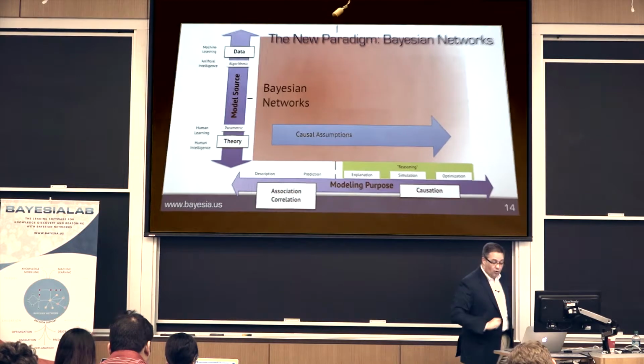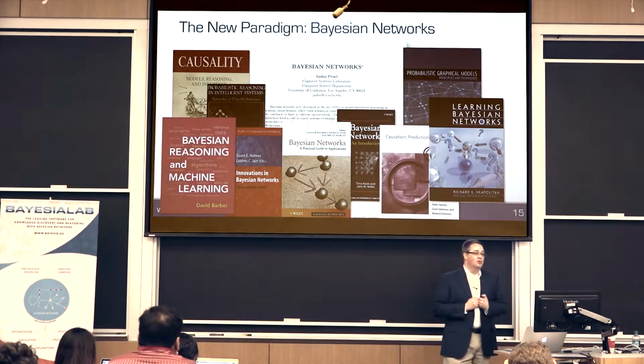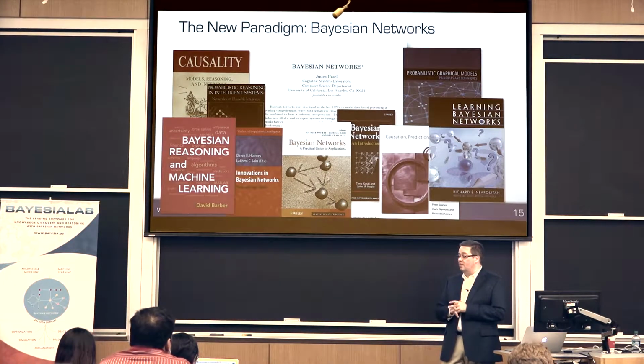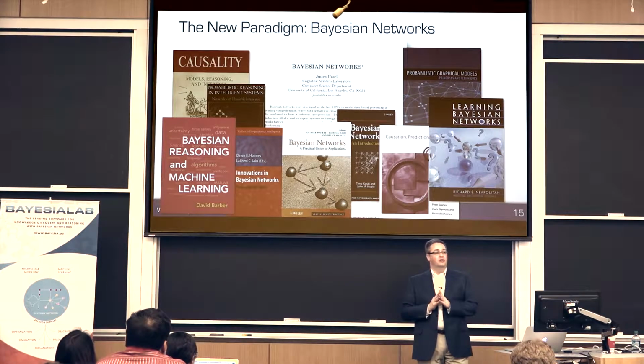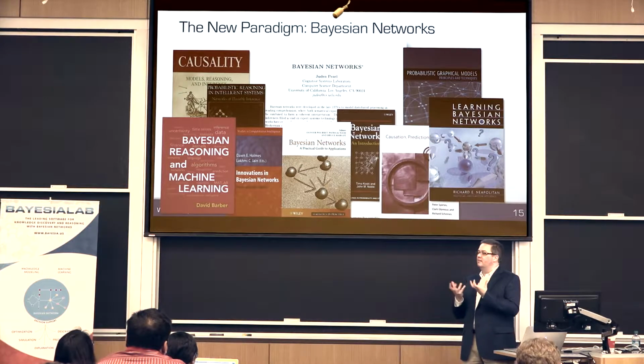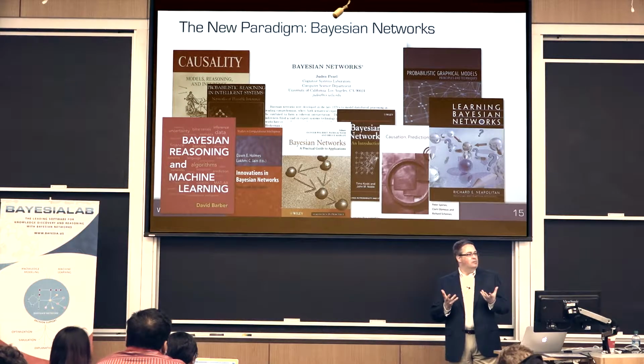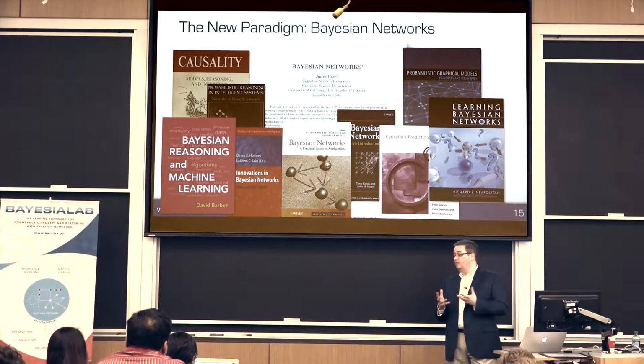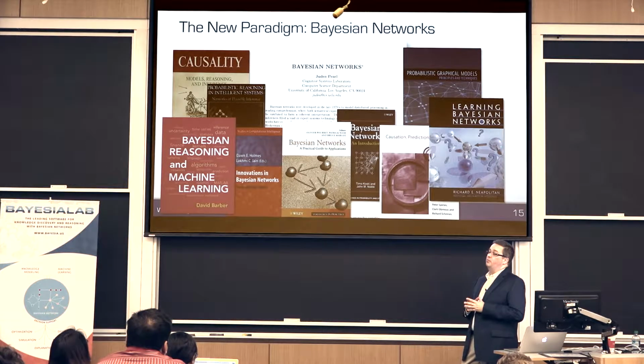So now, we haven't invented Bayesian networks. Rather, Bayesian networks were invented by Professor Judea Pearl, who has been studying the field of causality now for several decades. He's still researching today at UCLA. And in the mid to late 1980s, he coined the term Bayesian network. And since then, it has flourished and developed into a very large field of study with dozens of books that have been published and thousands of papers.